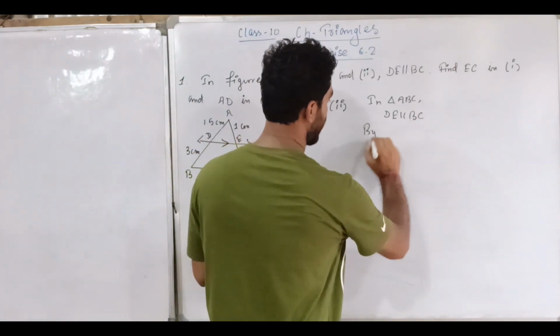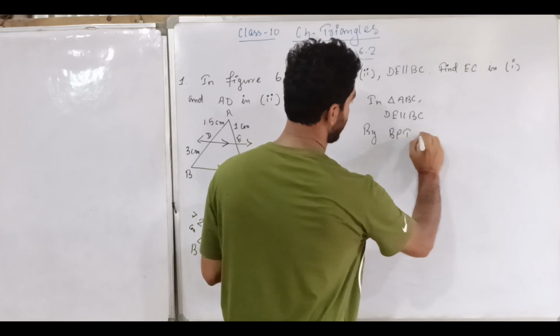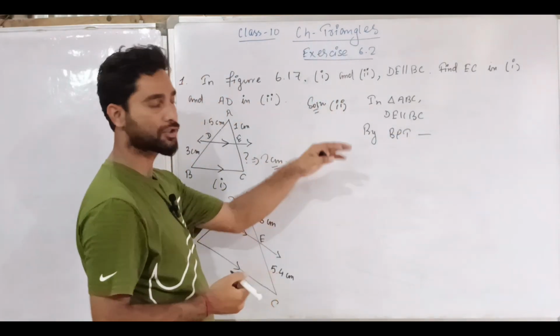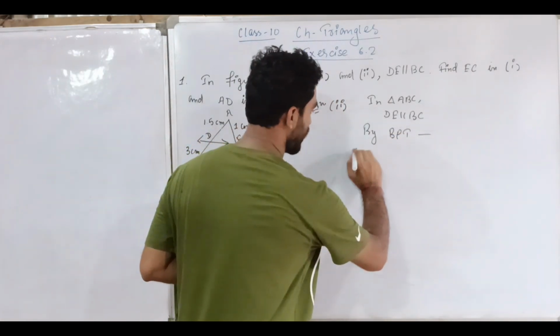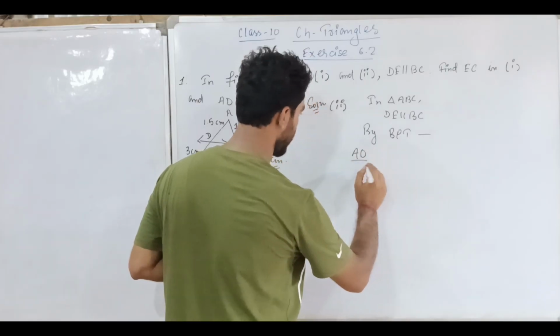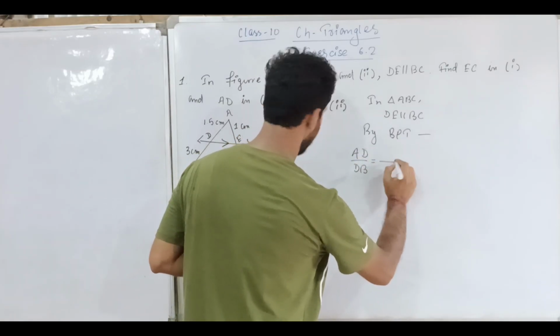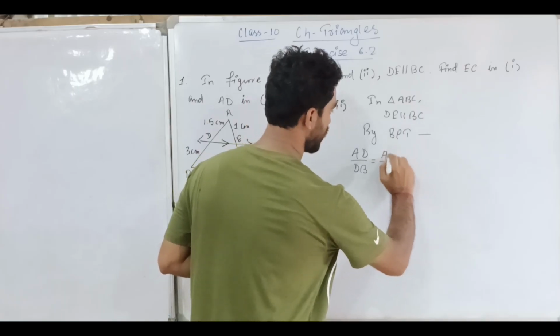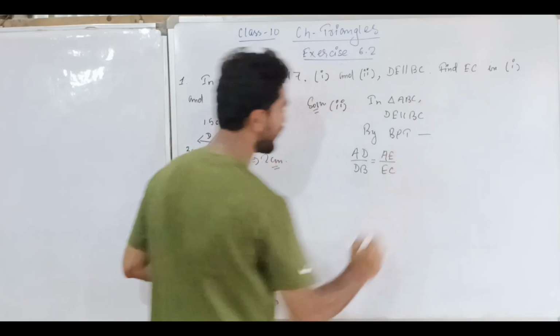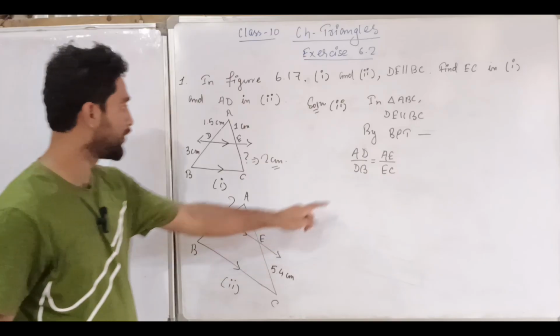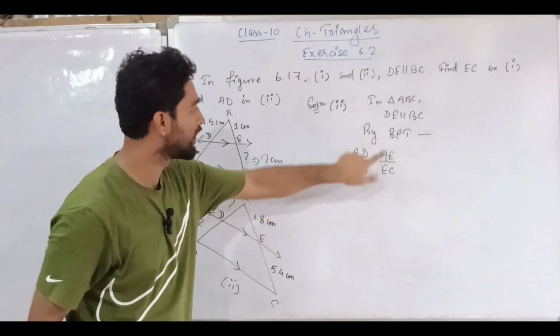So by BPT, the basic proportionality theorem, what can we say? AD divided by DB is equal to AE divided by EC. Now we will substitute the values. DB is given, AE is given, EC is given.